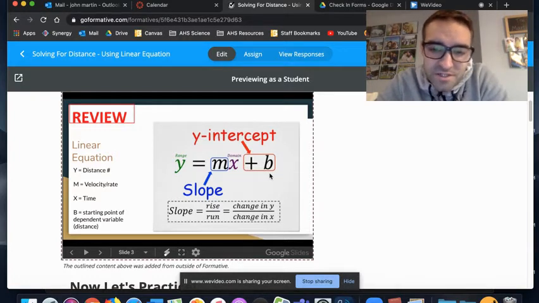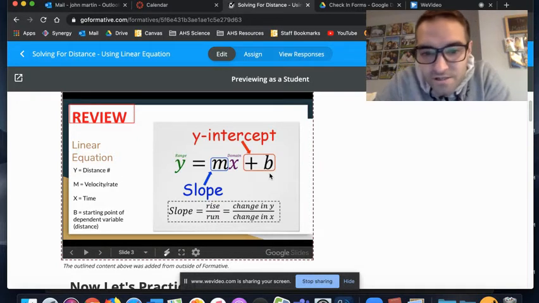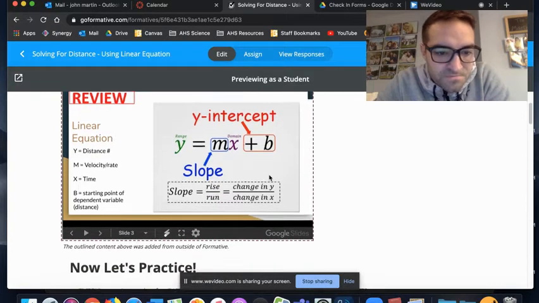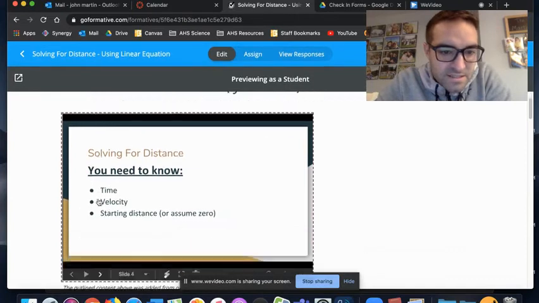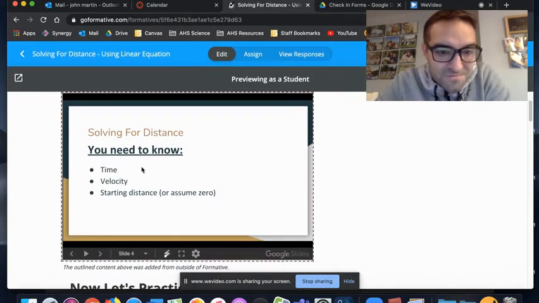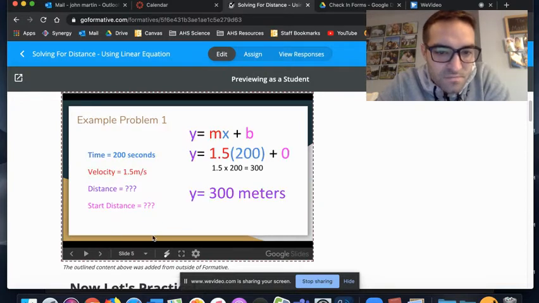But you could also make predictions if an object is starting 10 meters away, and then you would insert that as the starting position. Okay, next, what you will need to know in order to solve for distance is time, velocity, and then again, starting distance. And if it doesn't mention it, assume zero.